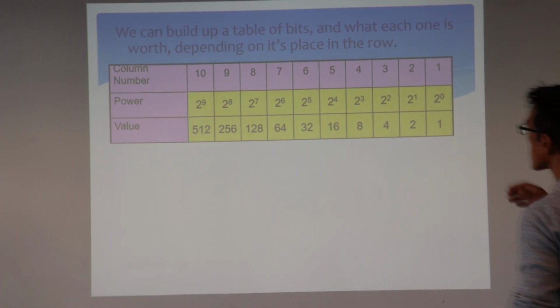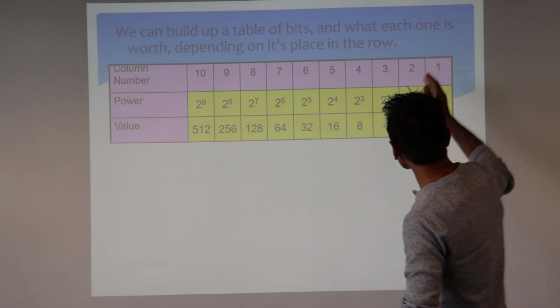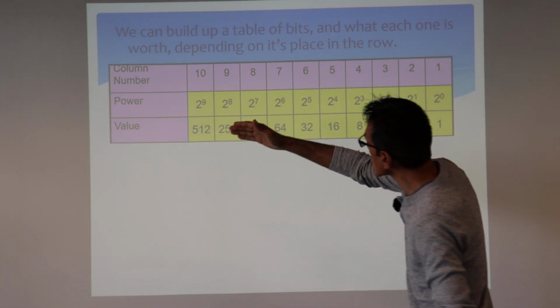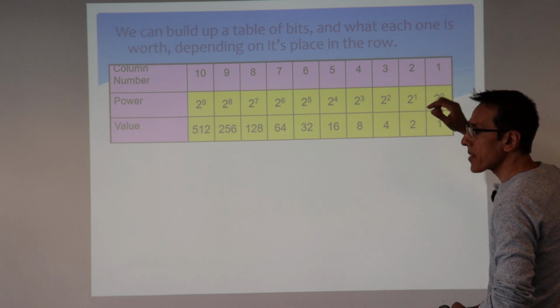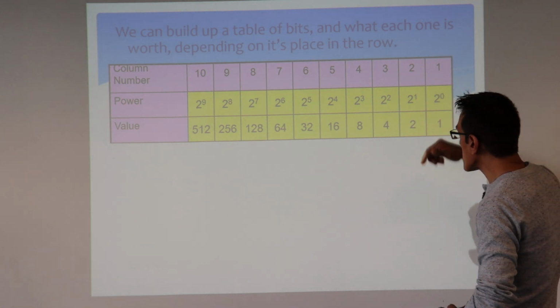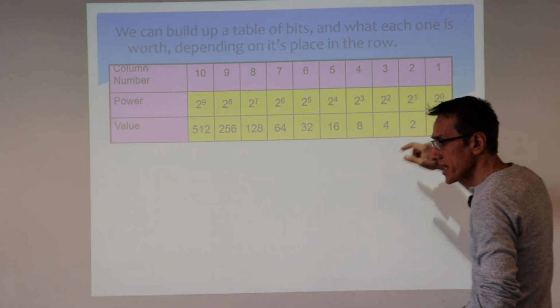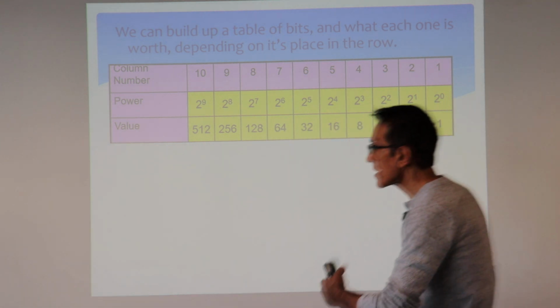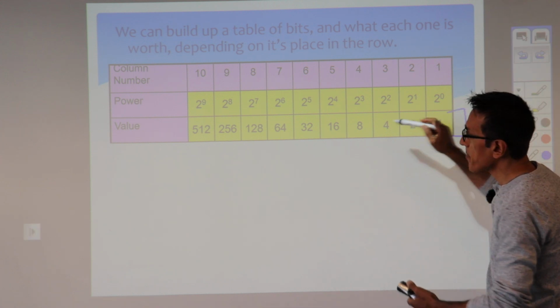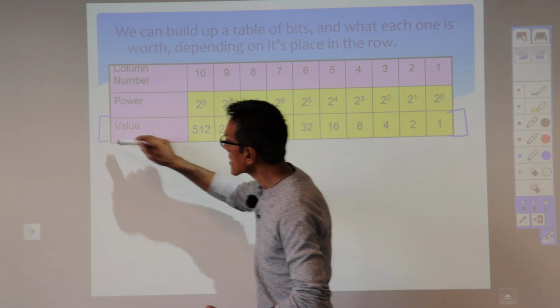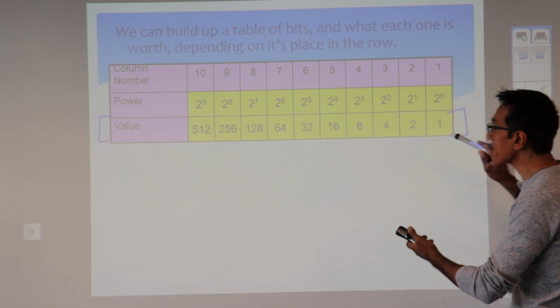Okay, take a look at this column. We've got 10 columns. Each column is represented by 2 to the power of a number. And if you turn them into base 10 numbers or denary values, as represented in this row here, this is the most important row, by the way, folks.